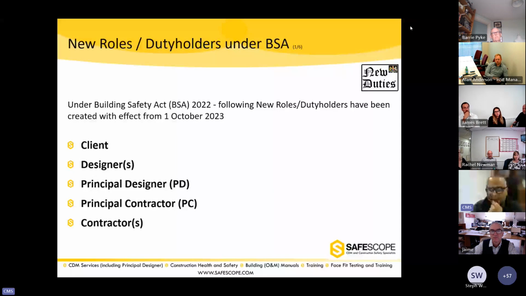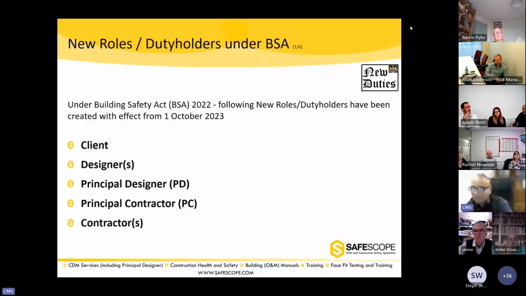Principal contractors, now they have been put in the mix, so they will have duties under the Building Safety Act as well. There's already a principal contractor role under CDM 2015. Now there's a building principal contractor role also under the Building Safety Act.